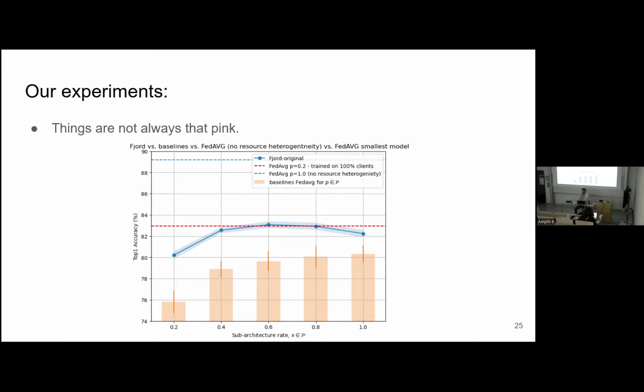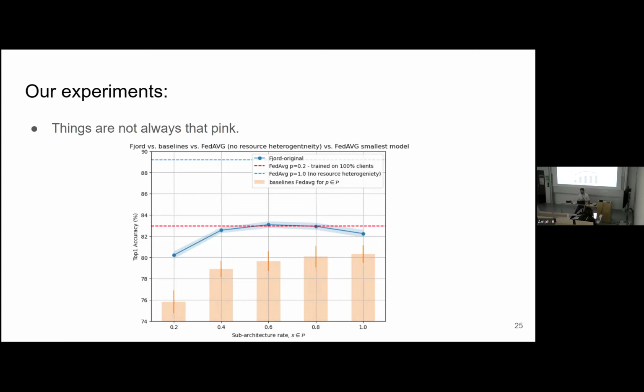That's correct in one round. But since we're doing rounds, usually in these experiments we do 500 rounds. In each round, the client gets the model along with the submodels inside it, and they do this training. So at some point, you can conclude that this data was used for this submodel because of how many times it's actually been used.